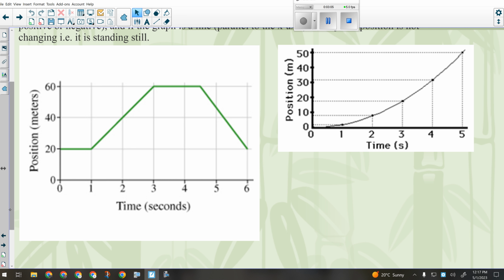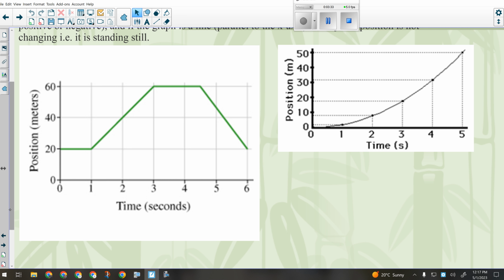That means the object is moving, but it's not changing the speed at which it moves. Or if this was a plant growth graph, it could mean that the plant's not growing. Doesn't mean the plant's dead, it just means it's not currently growing. It could be wintertime or something like that. So anytime we see a horizontal line, there's no change happening. Doesn't mean there's nothing happening, it just means there's no change happening.